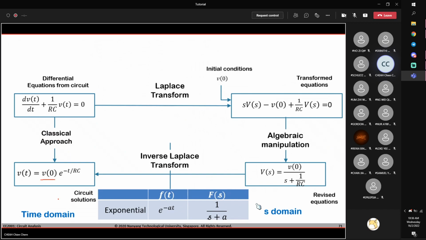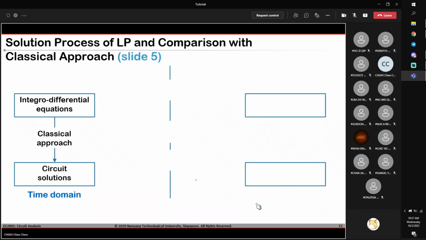And this is the linearity property. This term multiplied by a constant will be equal to the constant multiplied by the signal in the time domain. So you can get these solutions through this Laplace transformation. The general concept in your notes is that you have a differential equation, which may include integration as well.